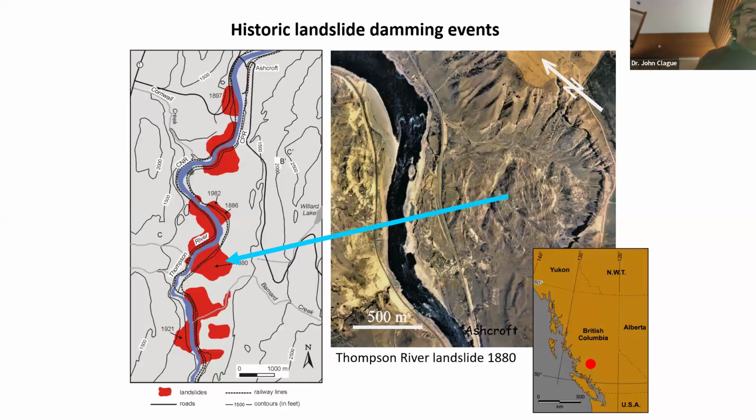There's this remarkable photograph taken of the level the lake reached in Ashcroft, which would have covered parts of the community, for 44 days before the dam overtopped and was breached, creating a downstream flood.